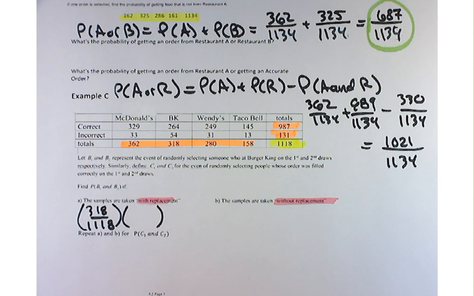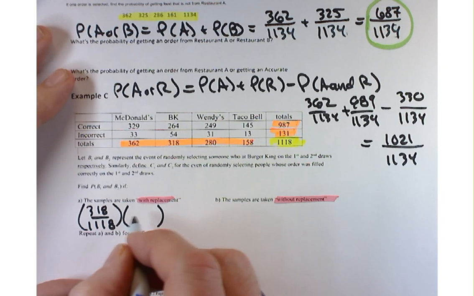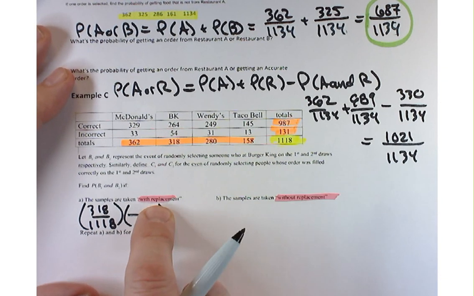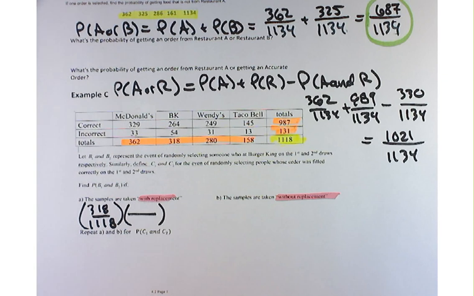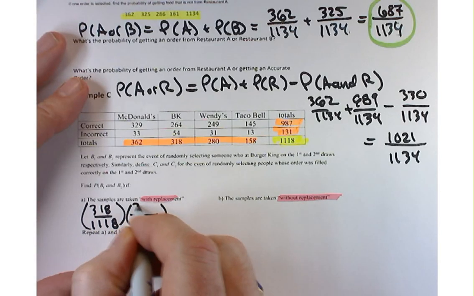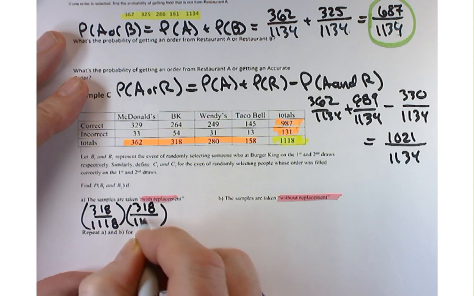Now, for whatever reason, you pick that person out, you look at where they ate, and then you throw them back into the pile, mix it all up, and you draw again. What's the probability that on the second draw you pick somebody that went to Burger King? Same thing, right? 318 over 1,118.